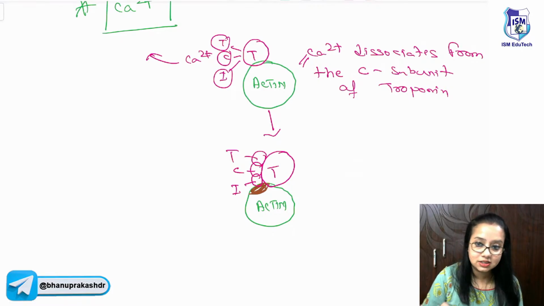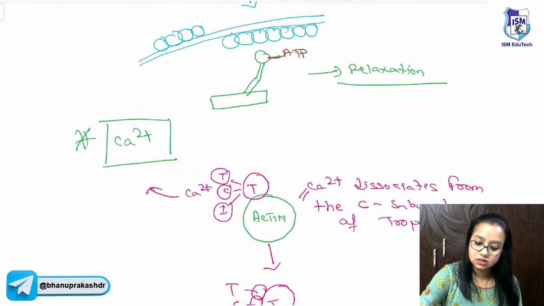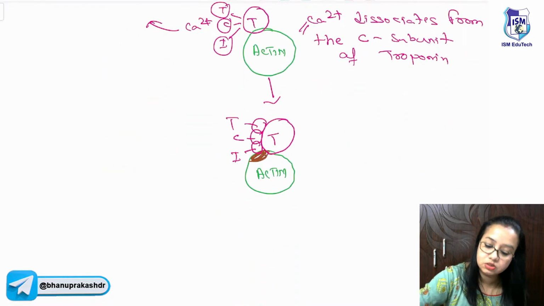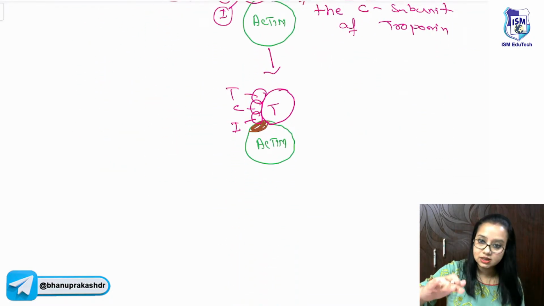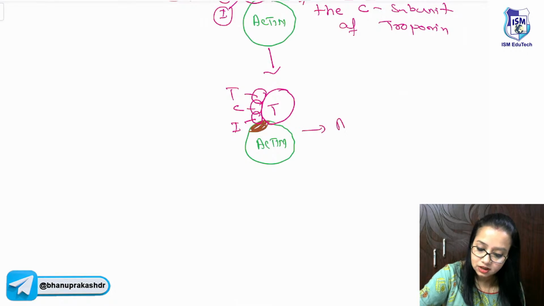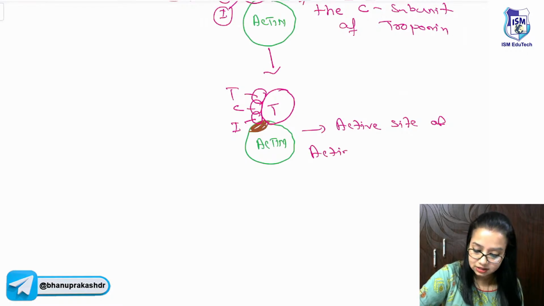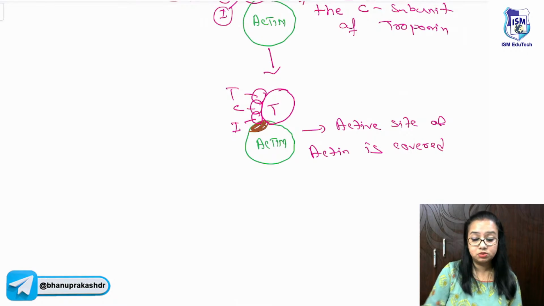So the actin site is closed. The myosin has also been made powerless by the binding of ATP. Once again the active site on actin is covered. Okay, this is what has happened to the actin and myosin.